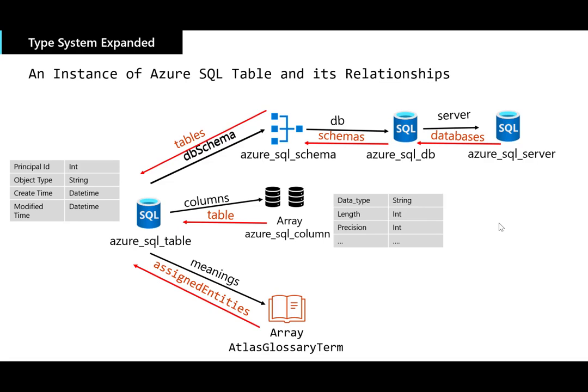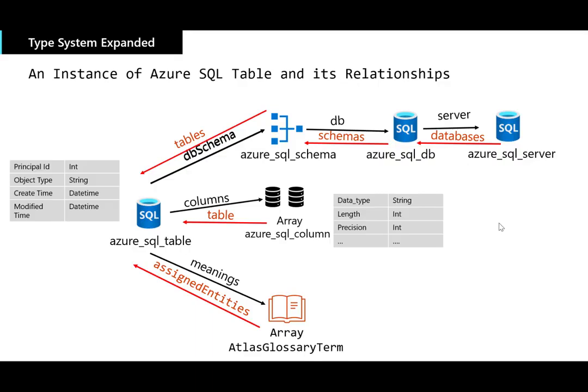Azure SQL Table has 4 additional attributes: a principal ID, an object type, a create time, and a modified time. Those attributes also have primitive data types attached to them. So a principal ID is going to be an integer, object type a string, etc. So that's what you can query when you have an Azure SQL Table.